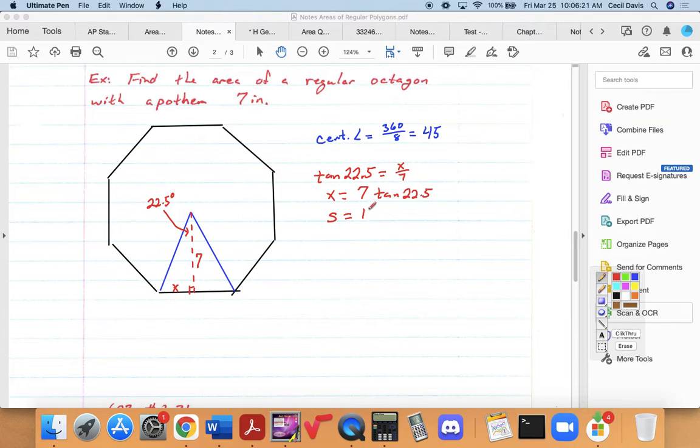Exactly right. Good. 14 tangent of 22.5. And what would I have to do to that to find the perimeter? Multiply times 8. Yes. And to save myself time, I'm just going to write 8 times 14 tangent of 22.5.